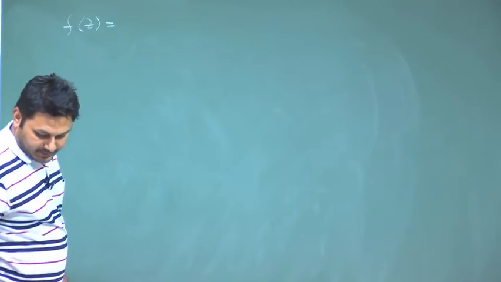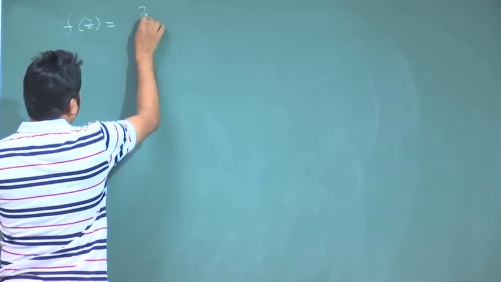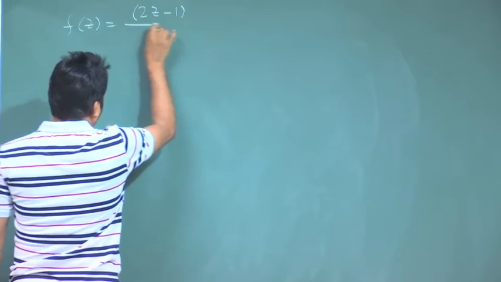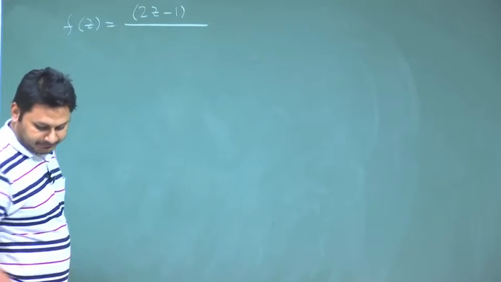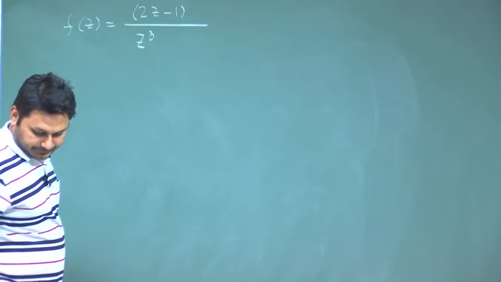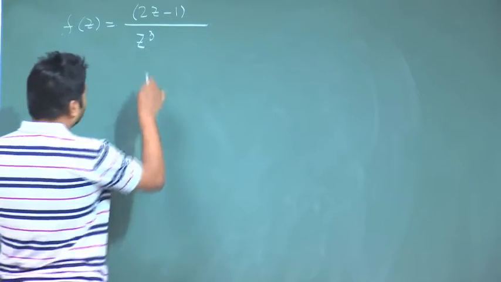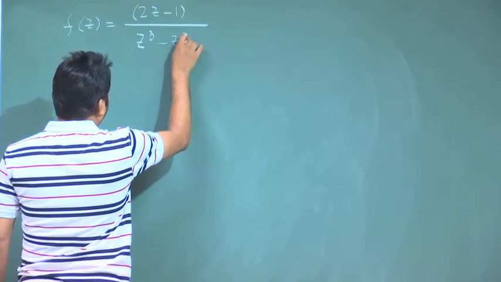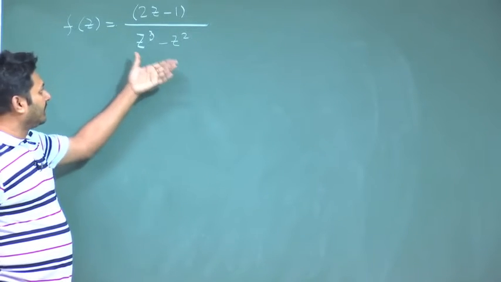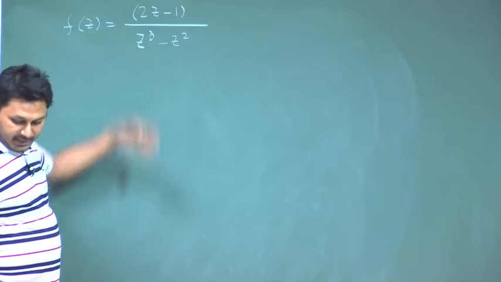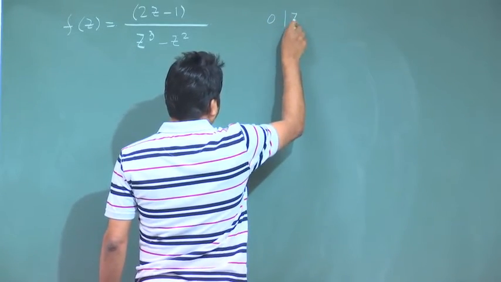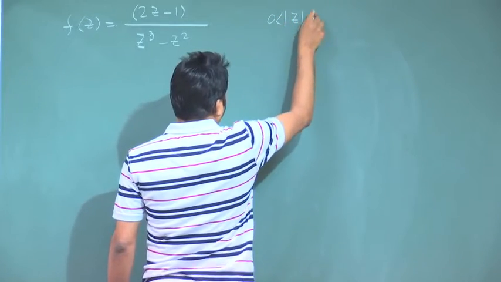So, next is another problem I have in my hand, which is f(z) equals (2z minus 1) divided by (z cube minus z square). So, we have this function in my hand, and the restriction of this function is mod of z greater than 0, less than 1.